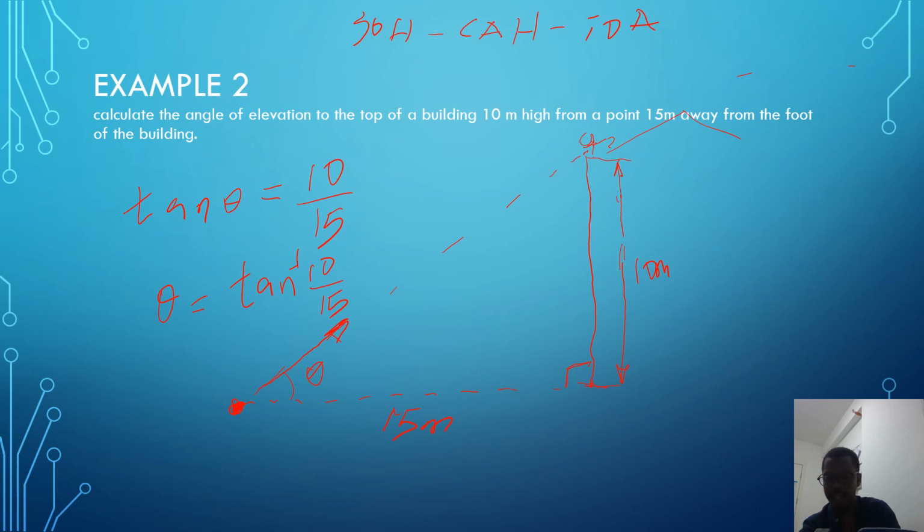But we need that tan inverse. So you're going to go where there is a shift, so that we use the second function, which is tan inverse. Then after the shift, we press tan. You see, tan inverse is above your tan. In this case, we are going to put 10 divided by 15.